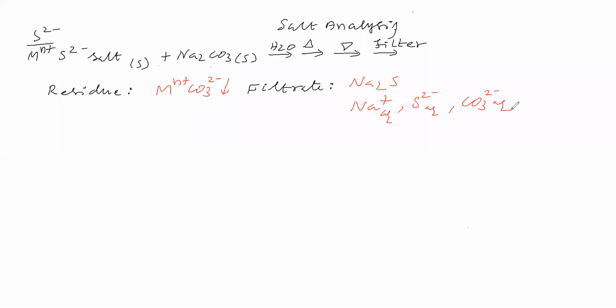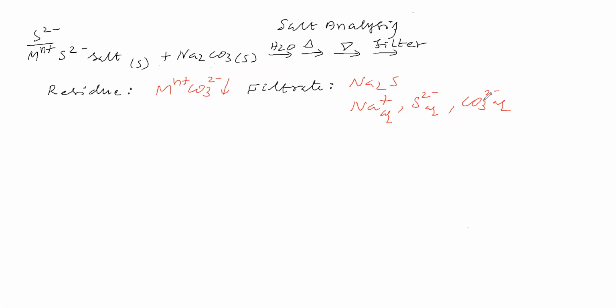Carbonate ions, in the sense of excess sodium carbonate, go to the filtrate. Sulfide ions take sodium ions and become sodium sulfide, which goes to solution, along with the excess carbonate.